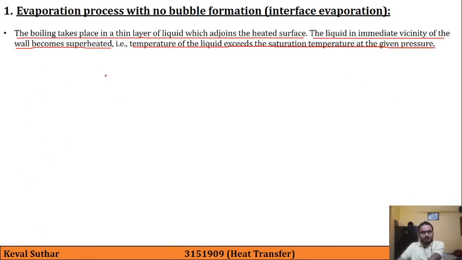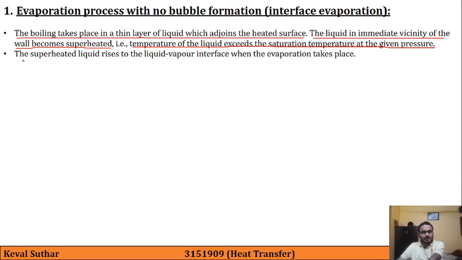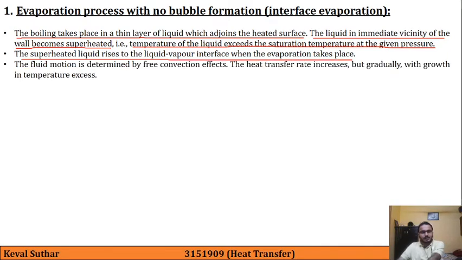Now the saturated liquid rises to a liquid-vapor interface where the evaporation takes place. The fluid motion is determined by free convection effects. The heat transfer rate increases, but gradually, with growth in the temperature excess.